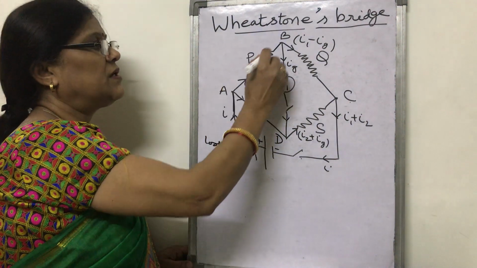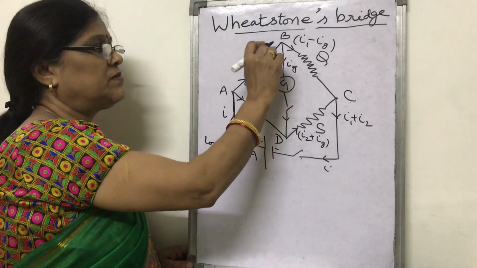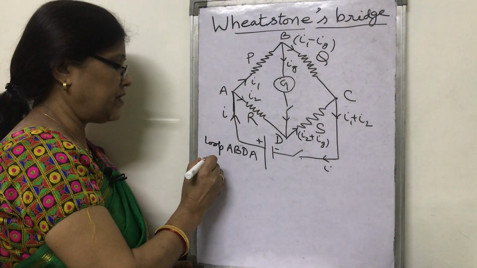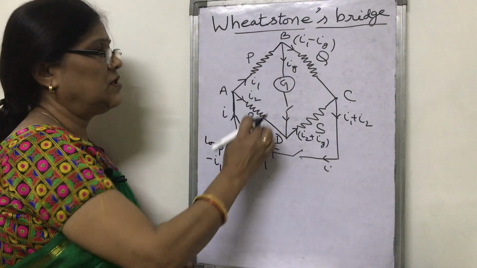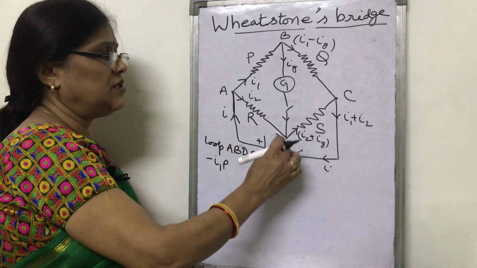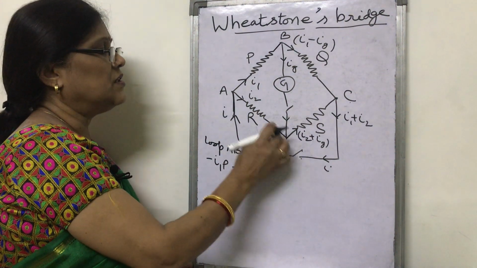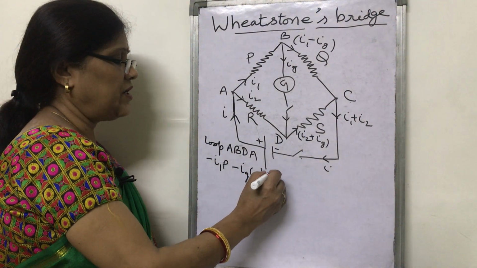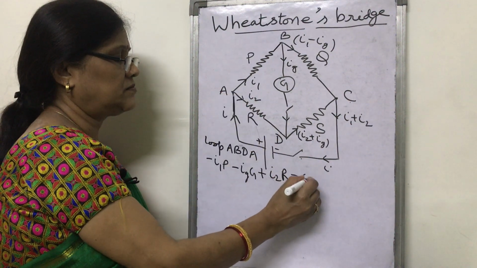The current I1 flows through resistance P, and in the direction of current we take the product of I and R with a minus sign. So you write minus (I minus I1) into P. Then in this arm IG flows, so you write minus IG into G. Then in this arm, against the current, you write with a plus sign, plus I2 into R, and this equals 0.